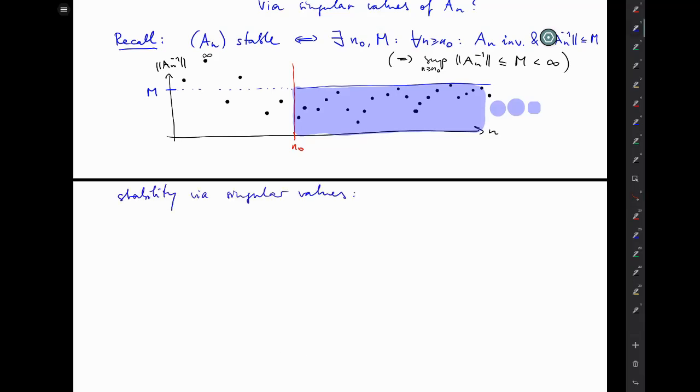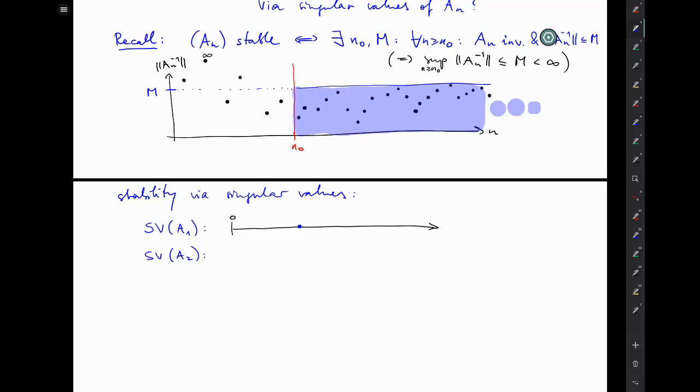Let me abbreviate the set of singular values of matrix A1 by just SV of A1. It denotes the set of all singular values of A1, and we know that this is a set on the non-negative half axis, and if A1 is just a 1 by 1 matrix, then that's just one number here.